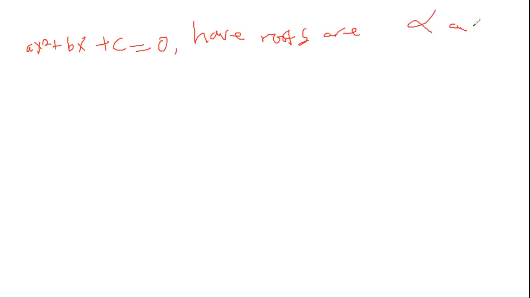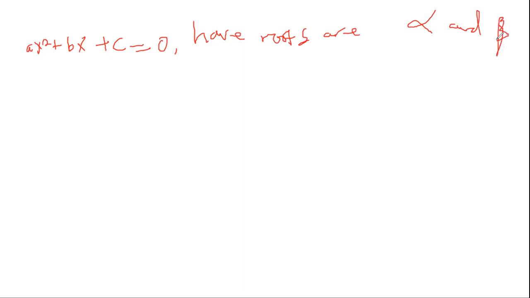So we are going to begin by letting our equation be ax squared plus bx plus c equaling 0. So it is going to have roots which are alpha and beta.